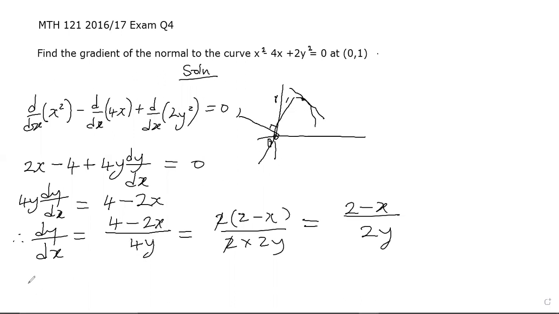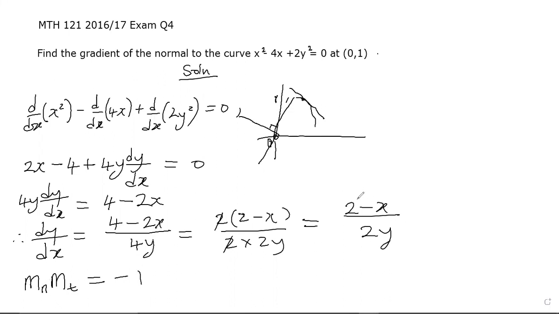If you have m_n, the gradient of the normal, multiplied by m_t, the gradient of the tangent, the product will give you -1. This is the relationship between the two, so that if you have one, you can know what the other will be.